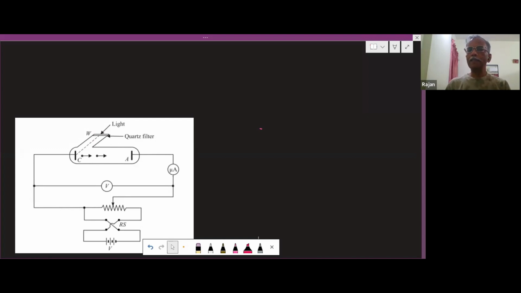If your light is below that energy, it is not going to liberate the electrons on the surface of the cathode, because it requires sufficient energy for the electrons to come out of the surface, right?